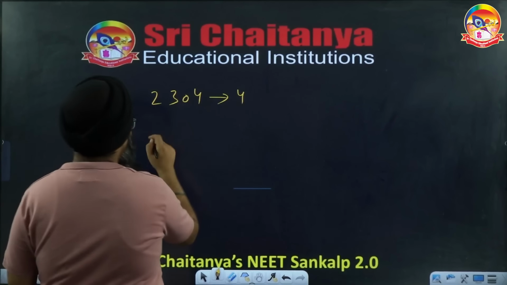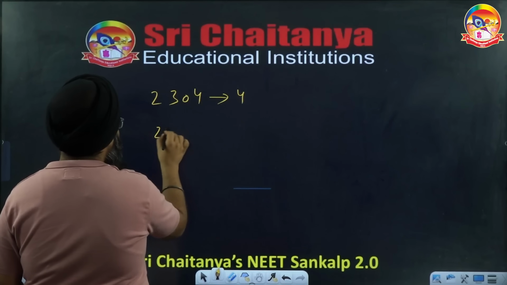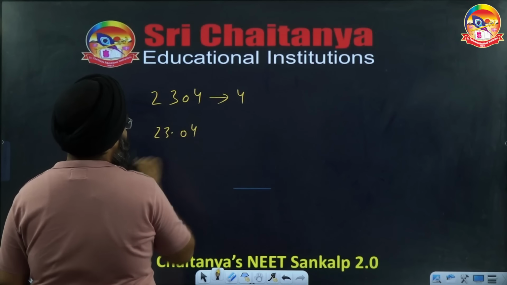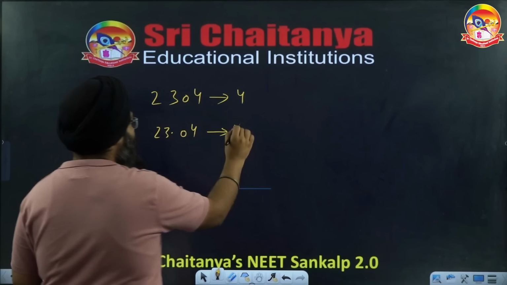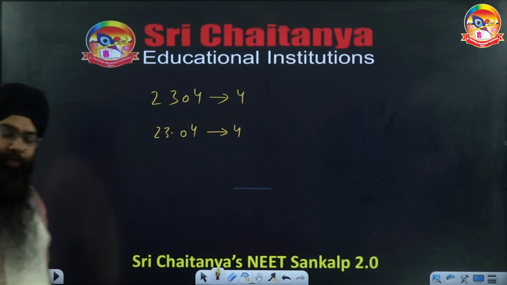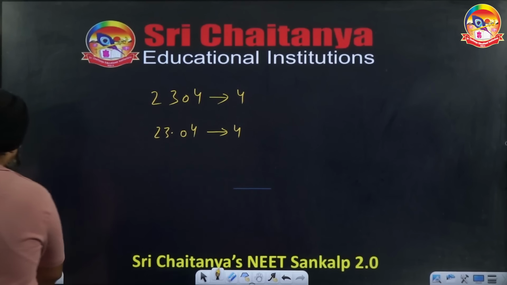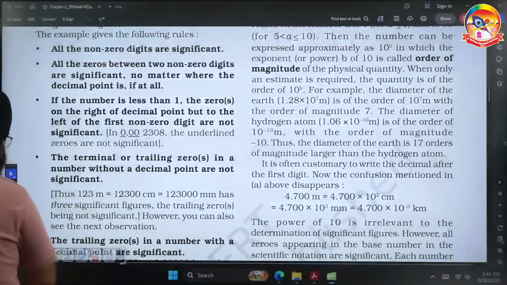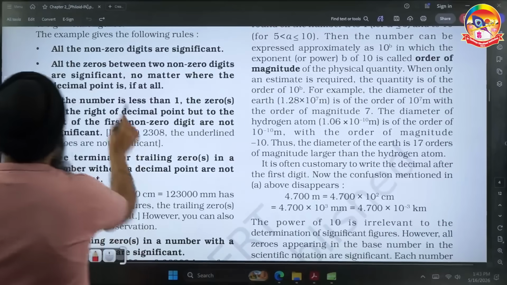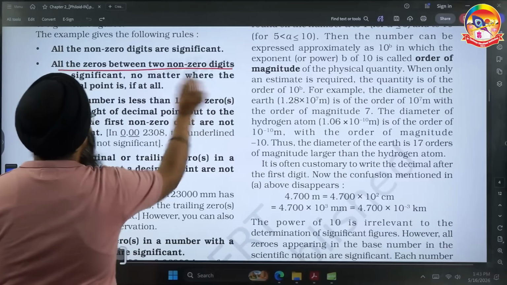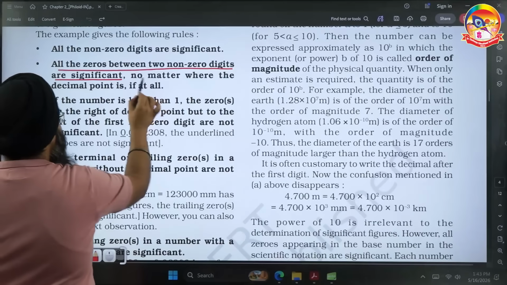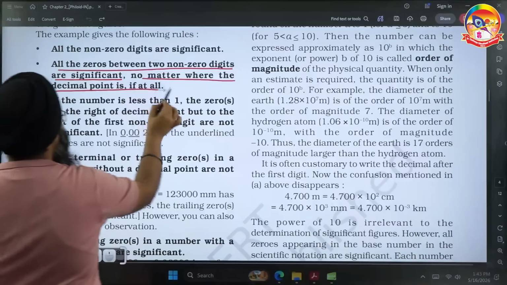Suppose there is another one, 23.04. Here also how many significant figures will be there? There will be 4 significant figures. So what does the rule say? Please understand, the rule says that all the zeros between two non-zero digits are significant no matter where the decimal point is.